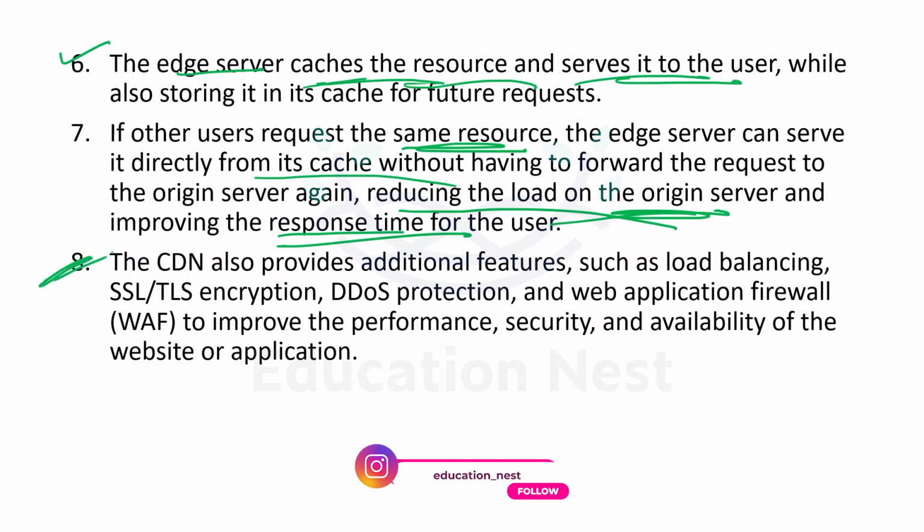CDN will provide us with additional features such as load balancing. We can have encryption in transit. We have DDoS protection, and we have WAF to improve the performance, security, and availability. So these were the steps that are followed when we use the CDN.